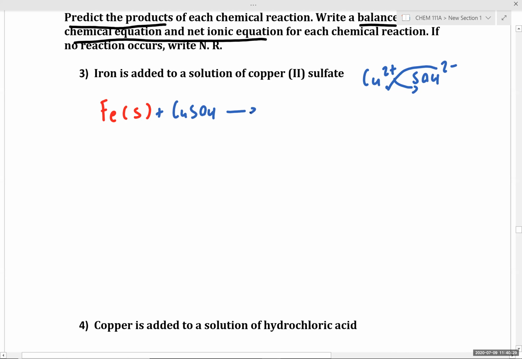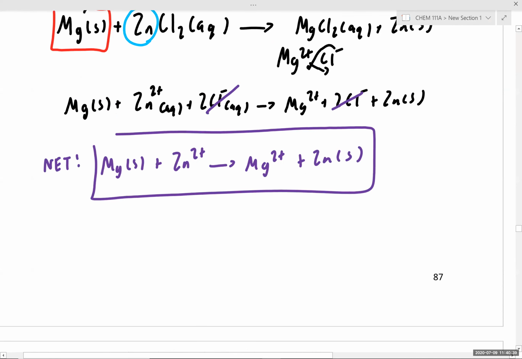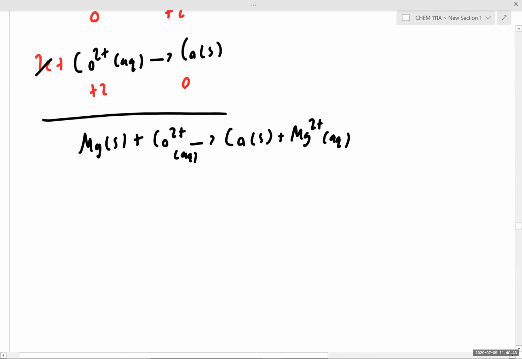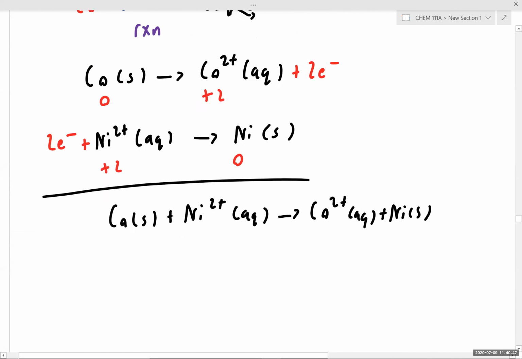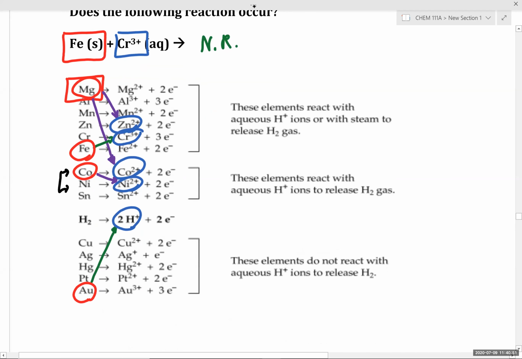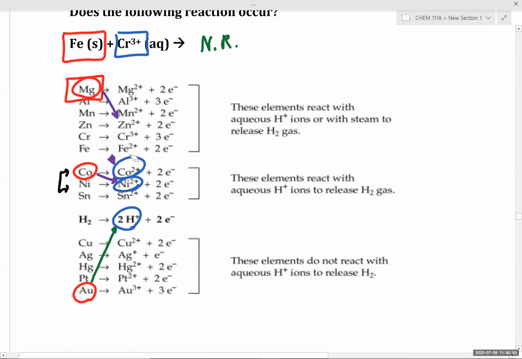Okay, so Cu2+ is our cation. So if we go to our activity series, we have iron and Cu2+.